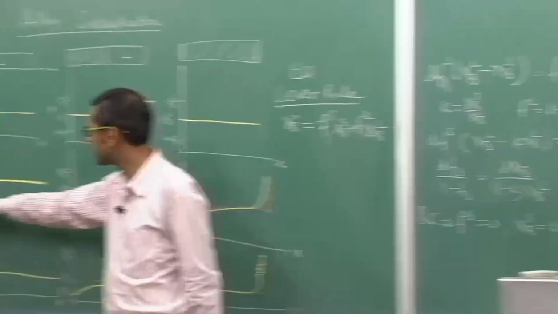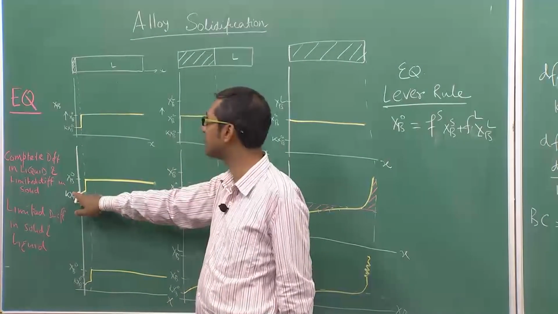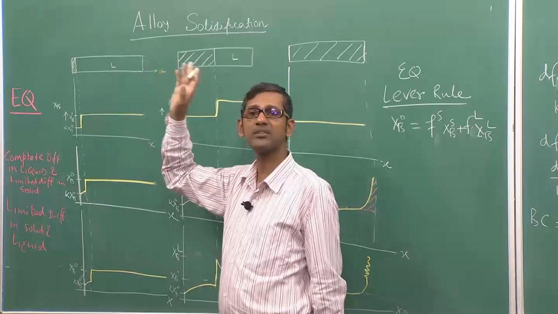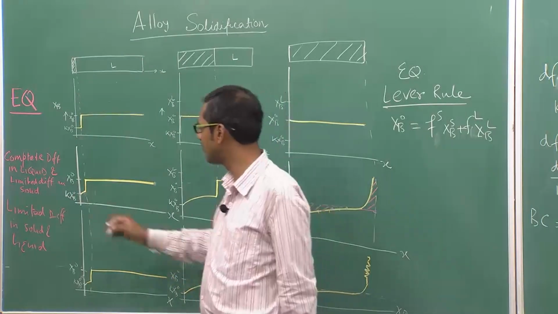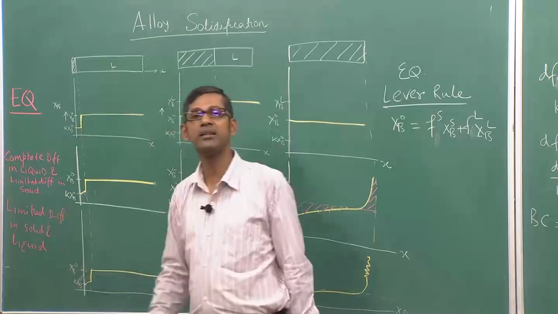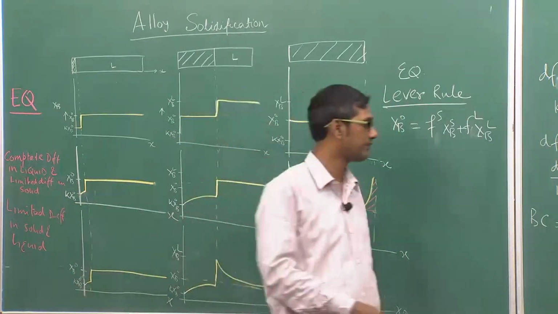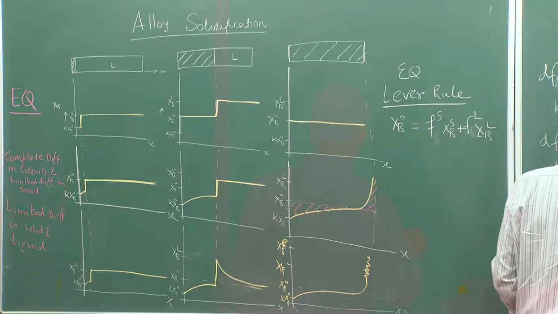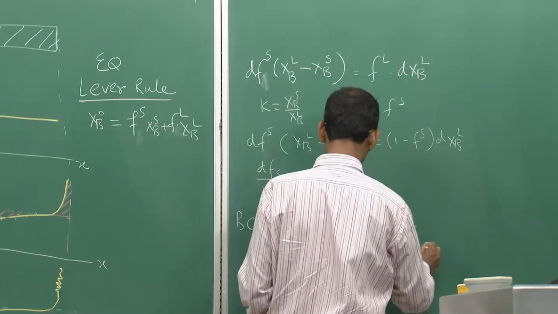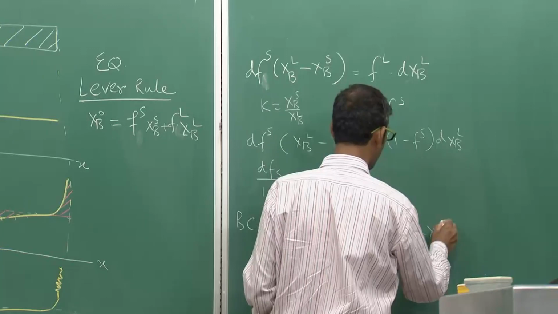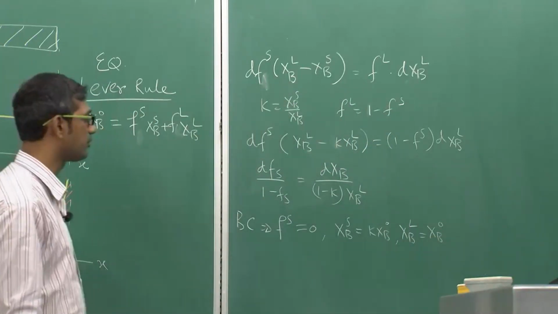When there is the starting of solidification, the solid fraction is very small, so it is equal to 0. The composition of the solid will be k xp0. That is, the first solid which forms will be k xp0, and xpl is obviously xp0.